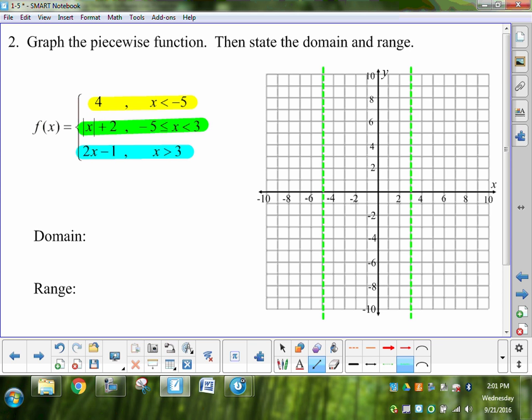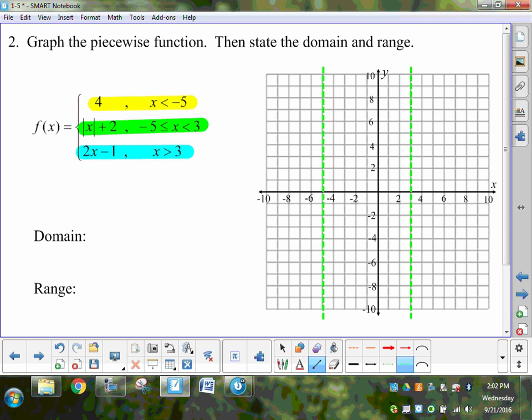Who can tell me what that left third is going to look like when I graph it out? Look at how the function's defined in this region over here. What is that piece of our piecewise function going to look like? Go back to the function rule. It's a horizontal line at 4.